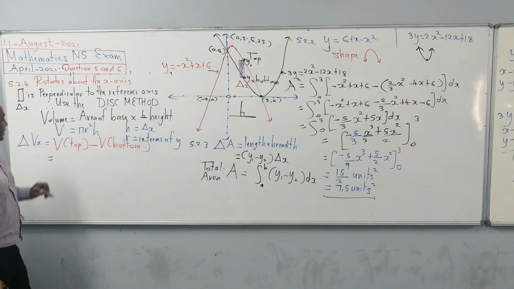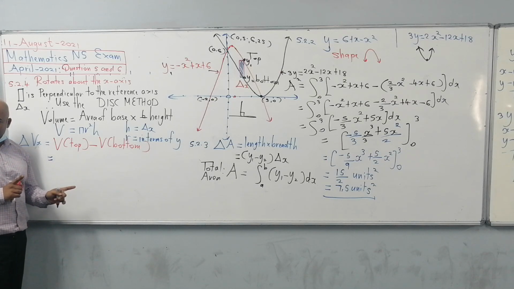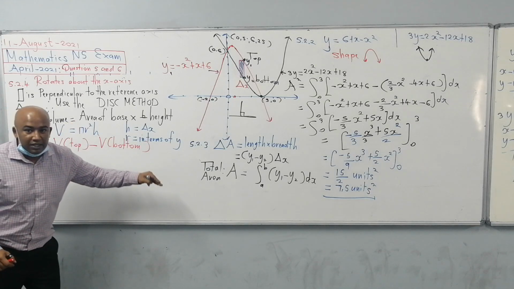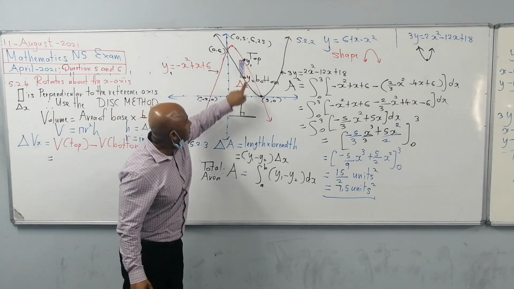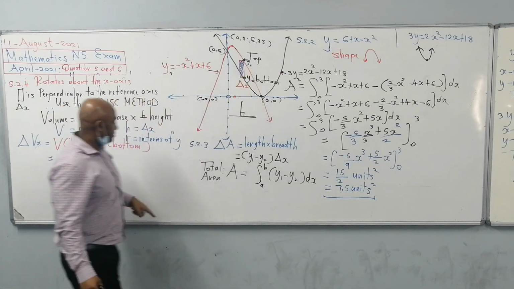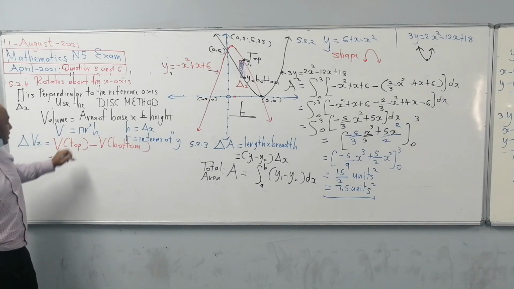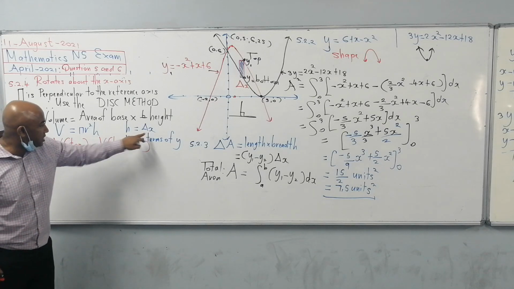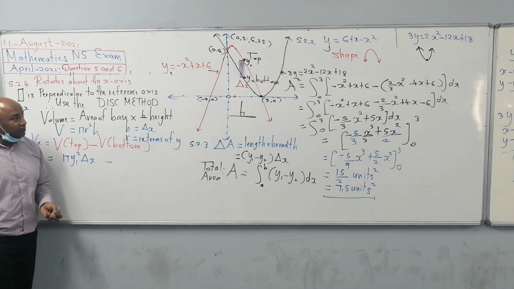So, I'm just going to go in detail, then I'll show you a shortcut here quickly, what to remember, right? But this is a proper way. Volume of the top graph minus volume of the bottom graph. Which is the top graph? The top graph is y1, the bottom graph is y2. So now, volume of the top graph is going to be pi r squared, so that's going to be pi y1 squared times h, which is delta x, minus volume of the bottom graph.